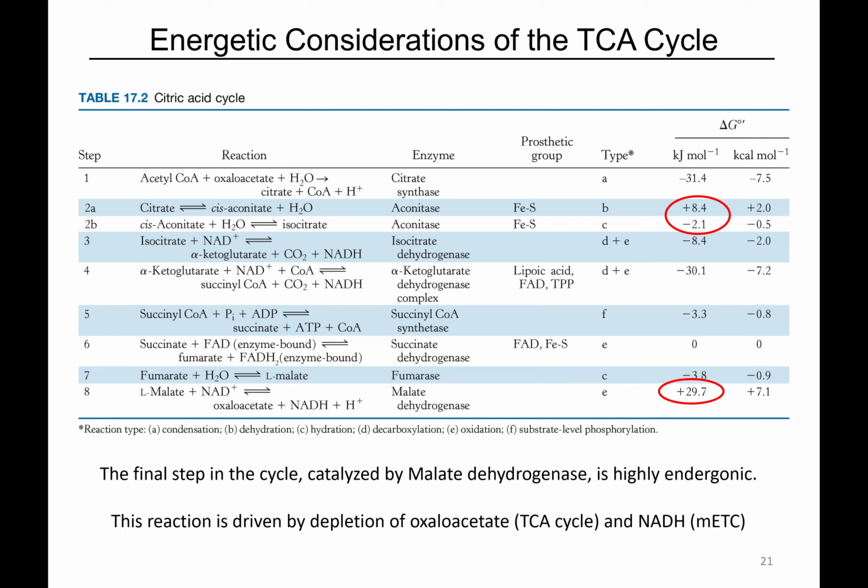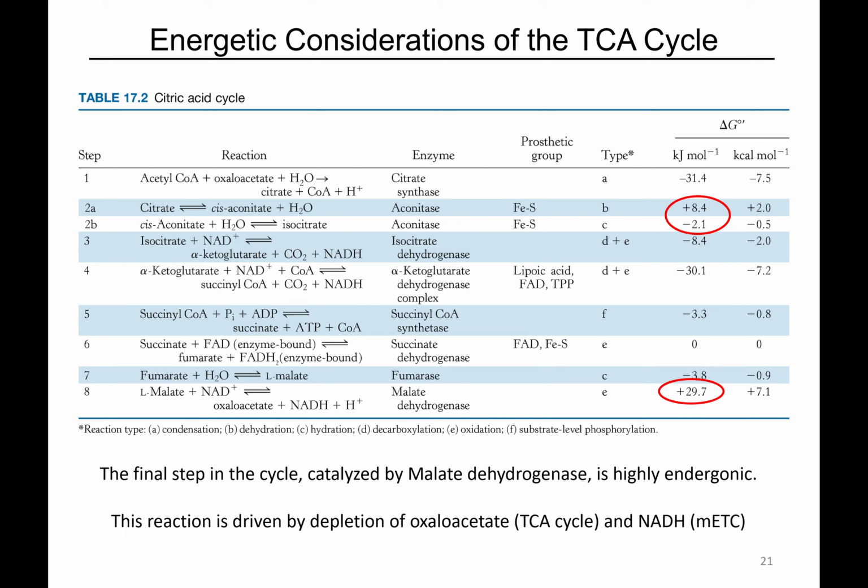The way this reaction actually happens is because the subsequent step, conversion of oxaloacetate into citrate, is very spontaneous. So we actively deplete the concentration of oxaloacetate to drive this reaction forward.